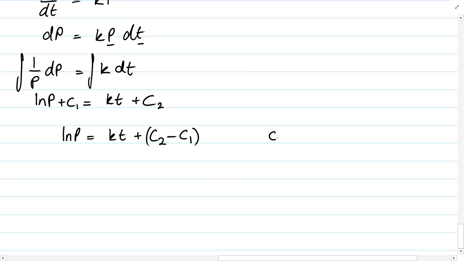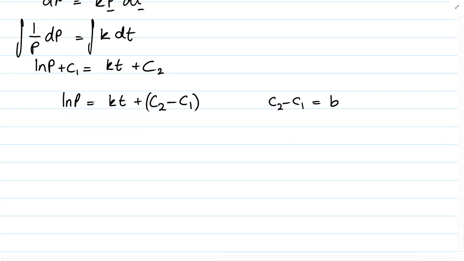And notice that C2 minus C1 is just a constant. So it's 7 minus 3 or 10 minus 12 or pi minus e, whatever constant it is. But it is just a constant, it's just a number. So I'm going to write this down as another constant now and very arbitrarily choose b as my constant name, just for lack of anything else.